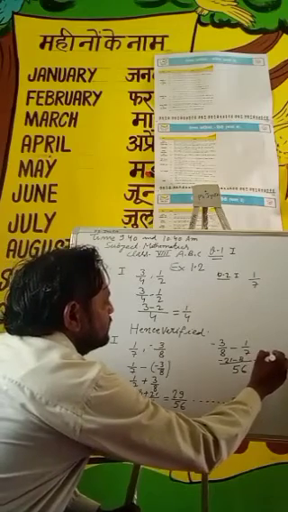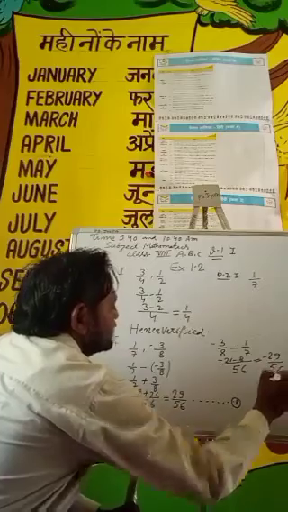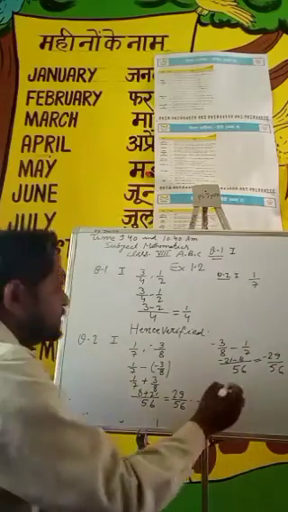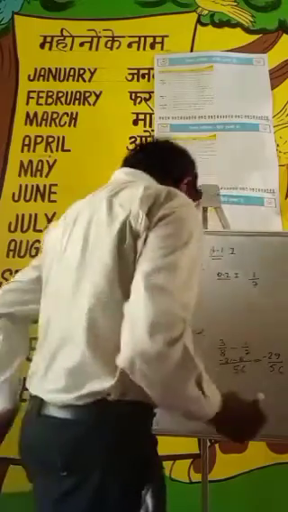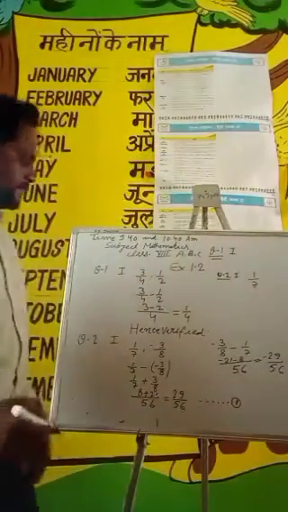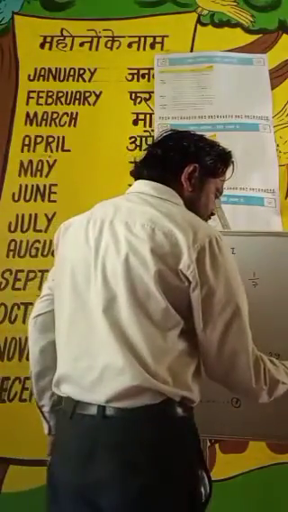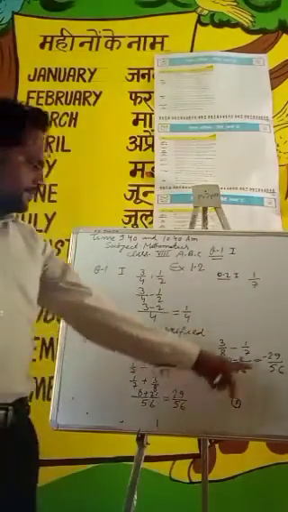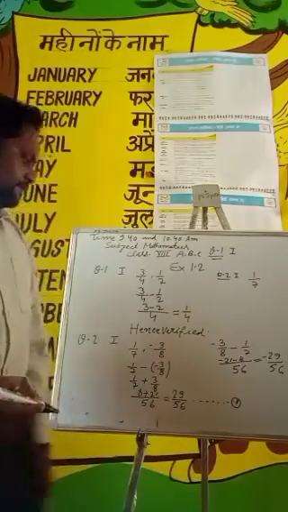This is equal to minus 29 upon 56. This is equation number second. From equation number first and second, the results are not the same.